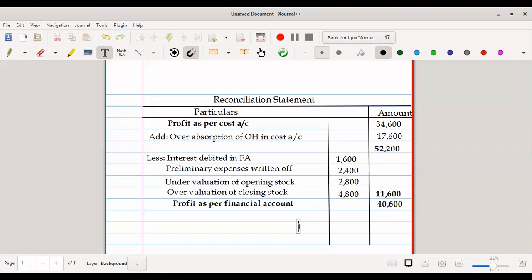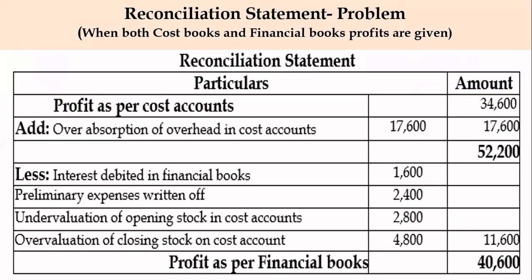Let us see, when we take profit as per financial account, how does the statement look like. So let's do it. So this is how the format looks like, which I have already shown you, and I have solved it also. Don't be confused.